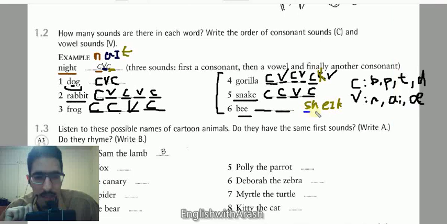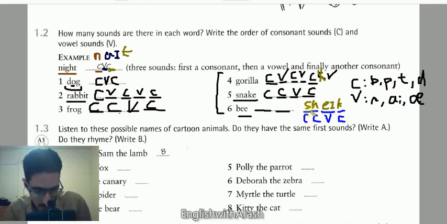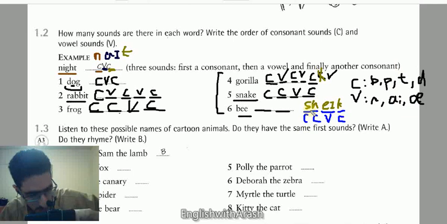N is a consonant. A is a vowel. K, consonant. So exactly, snake. Not sure if you guys can see that. Salman says correctly. Hediye, Salman. Ashraf says CV.